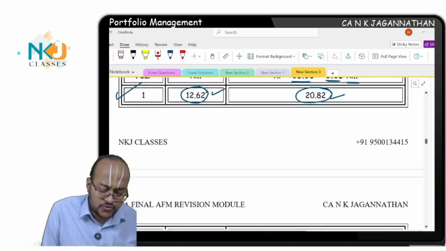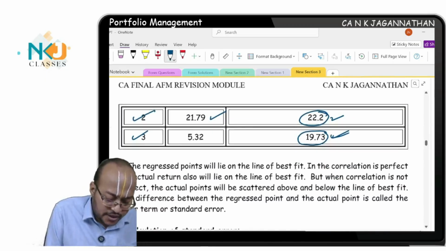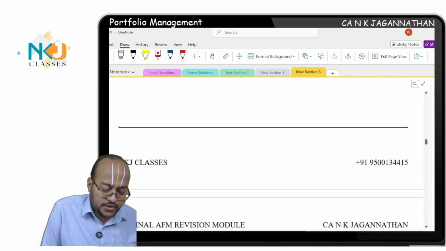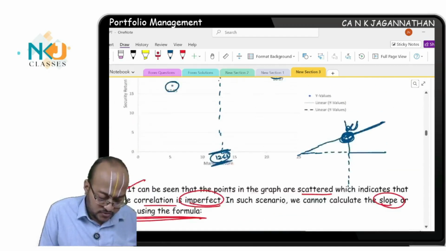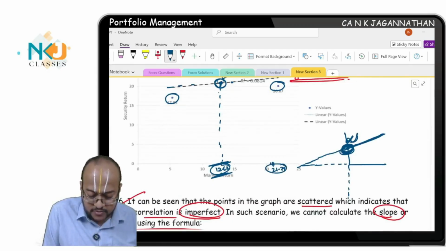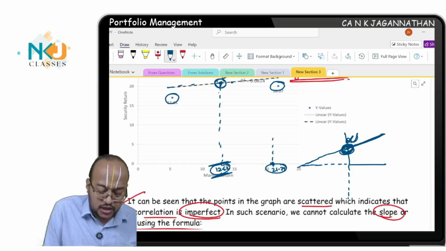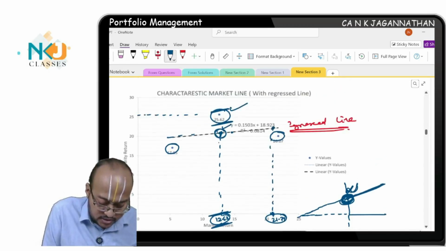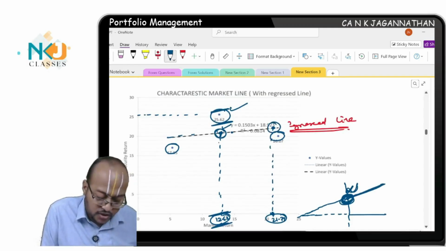Now, for the second year, if you see, for RM of 21.79, what is the regressed return? 22.2. 21.79 is the RM. It will come somewhere around here. Assume 21.79 is the return of the market. The regressed return of the security will fall on this line.